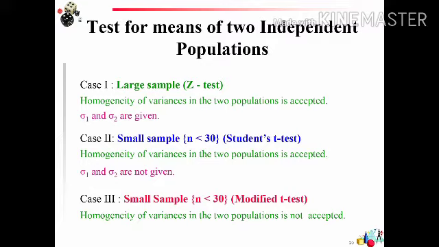That is the one assumption for this test. When the homogeneity of variance is violated, we go to the modified t-test. That is the third case. When homogeneity of variance in the two populations is not accepted, in that situation we apply the modified t-test for sample size less than 30.